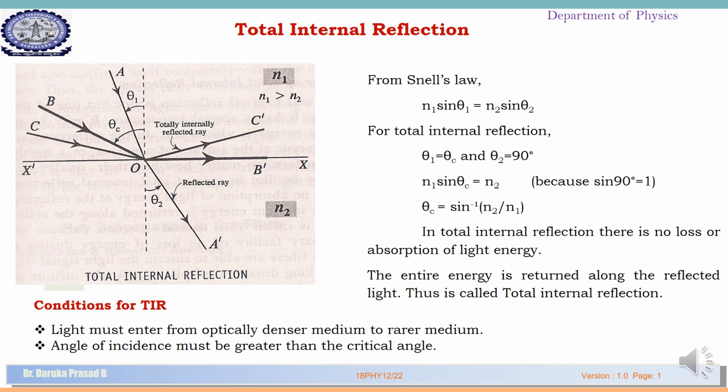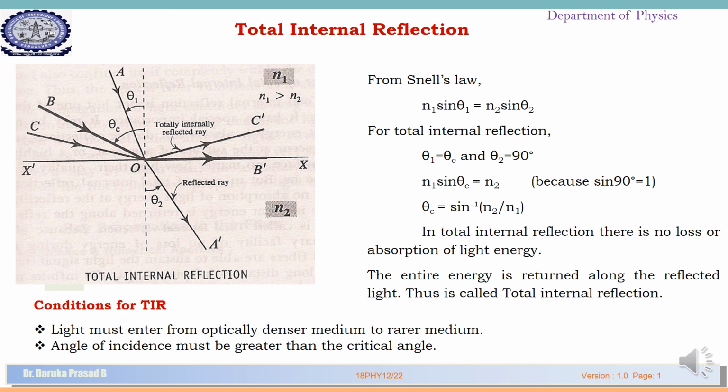Now what happens for total internal reflection? Theta 1 becomes theta c, the critical angle, and theta 2 becomes 90 degrees because OB dash is the light ray which makes an angle of 90 degrees with the normal drawn.